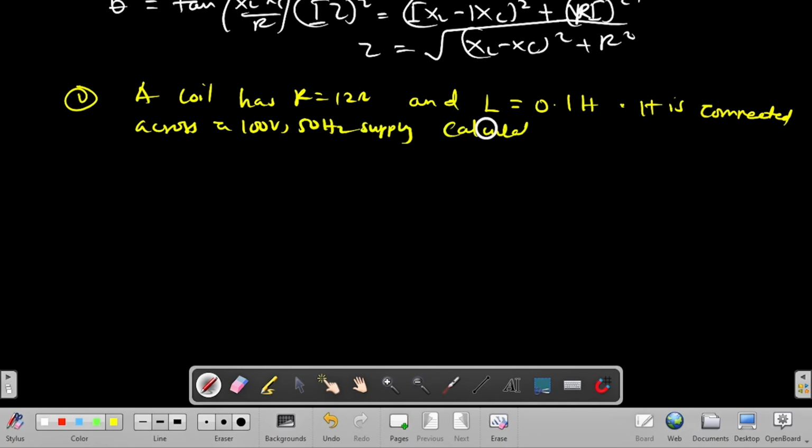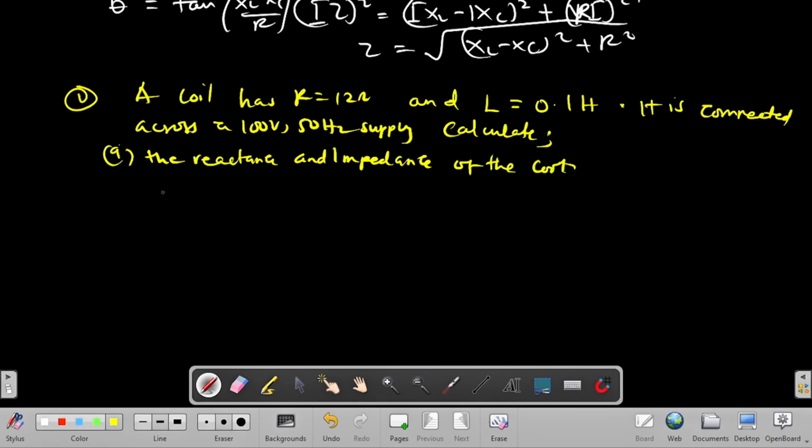Calculate A, the reactance and impedance of the coil. B, the current. Then C, the phase difference.